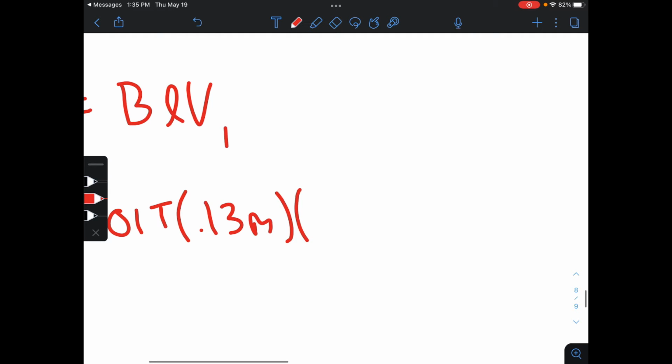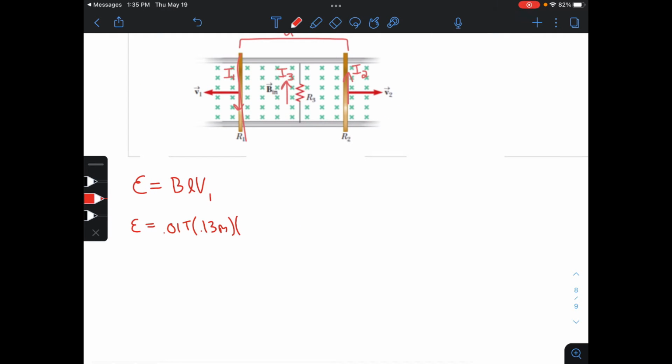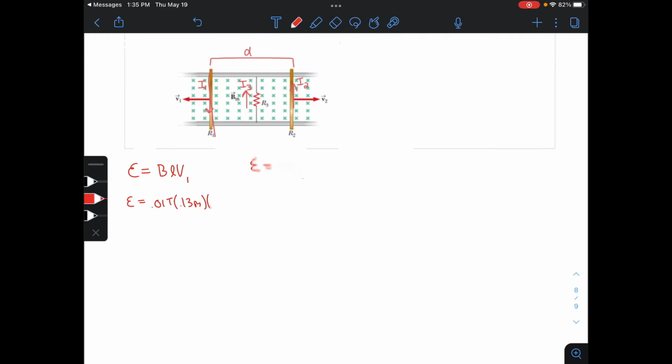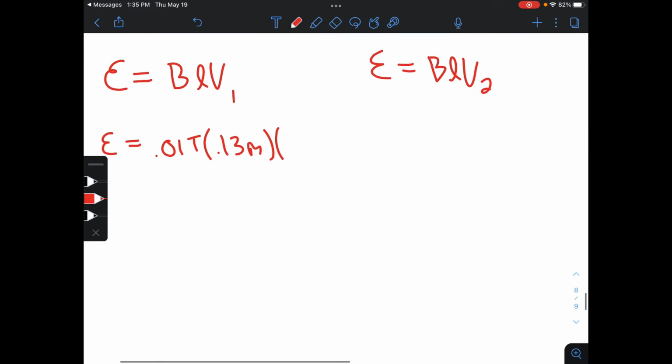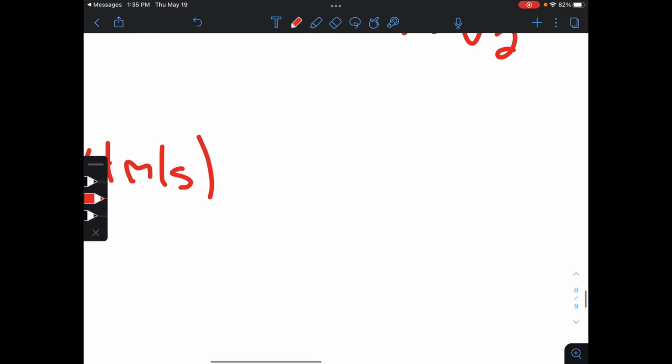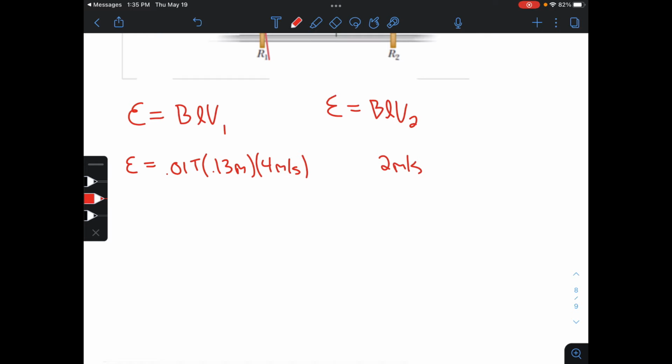And then the respective velocity, I put V1 here. This will be V2 over here. Now this will be the same formula over there as well. So this velocity is 4 meters per second. Now this one is 2 meters per second over here. I'm not going to write the whole equation over again. It'll just be half of what we get for E1.